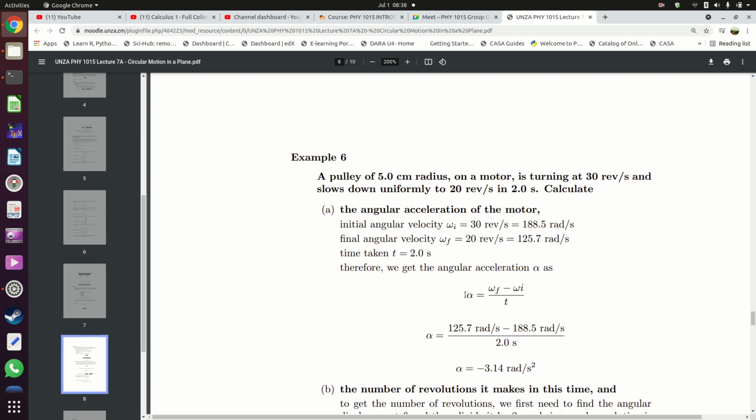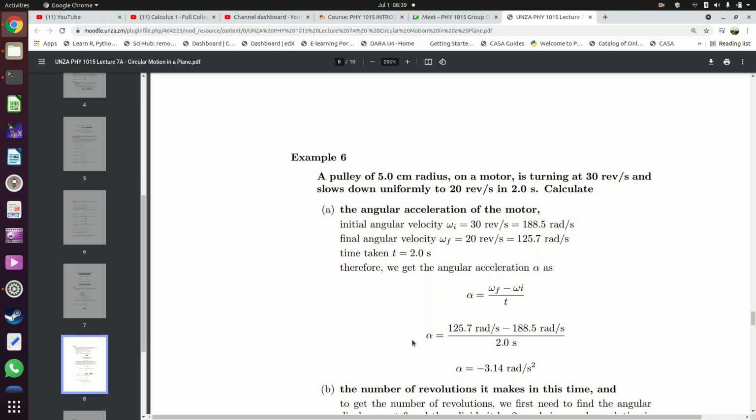Alpha is equal to the final angular velocity minus the initial angular velocity divided by the time. The final angular velocity is 125.7 radians per second. The initial is 188.5 radians per second. So if you substitute here, you have 125.7 radians per second minus 188.5 radians per second divided by 2 seconds.